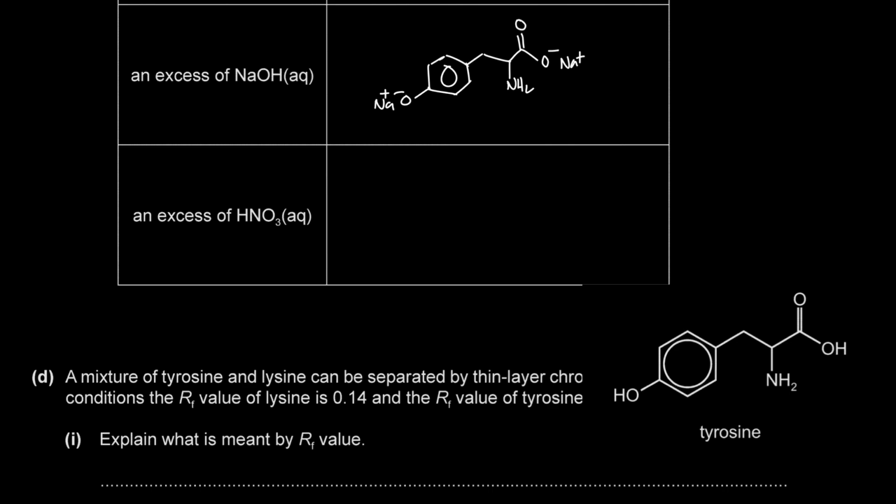So what we get over here is this. We have an OH over here, and we get an NO2 at position 2. Because nitric acid is an acid, the amine will gain a proton to become NH3 plus.